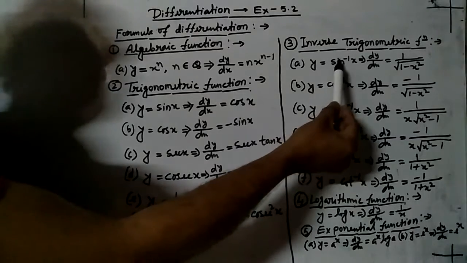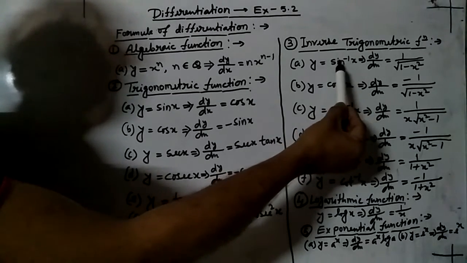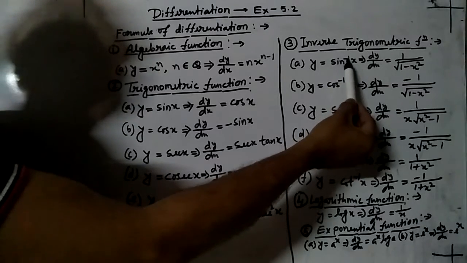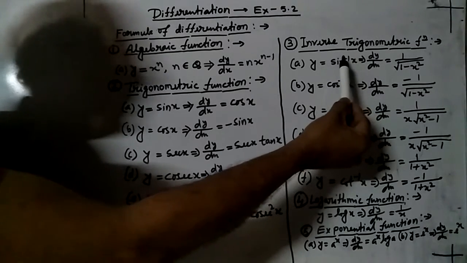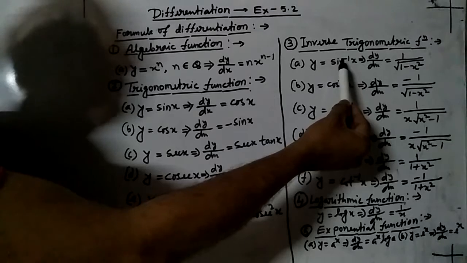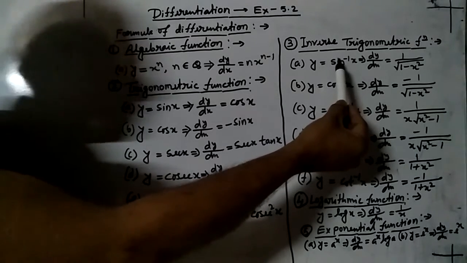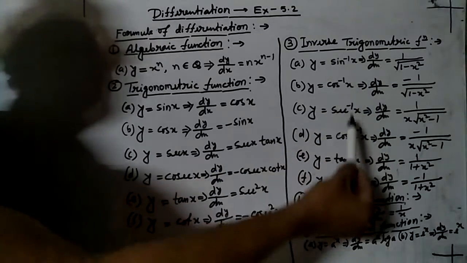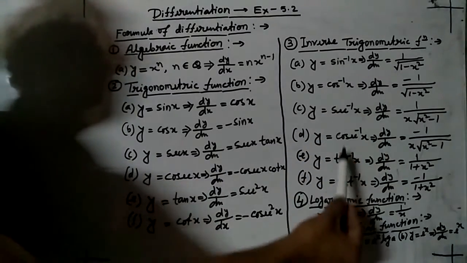So here sine inverse x, you will not read it like sine to the power minus 1. It will be sine inverse x. Be careful about that. When we continue chapter 2, that time I'll explain inverse trigonometric functions properly. Now only the formula is required, so you will not face problem.